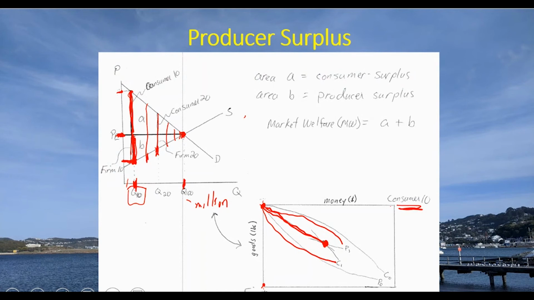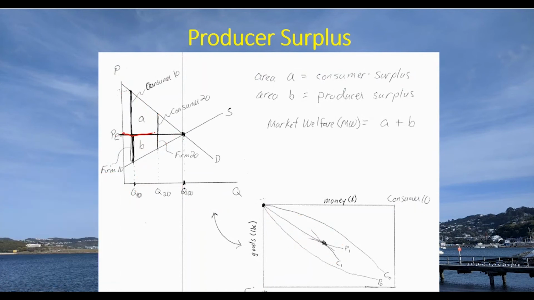Okay, but with this diagram, we can now use it to measure the amount of consumer surplus or happiness that's accruing to all of the consumers down here. We're getting all of their increases in utility measured in area A on this diagram.